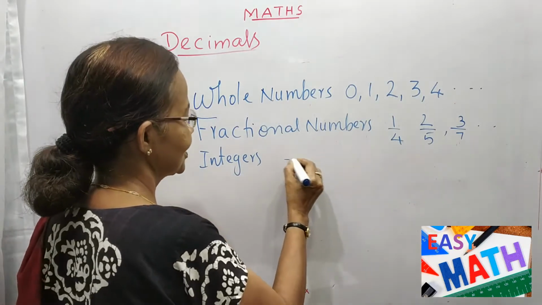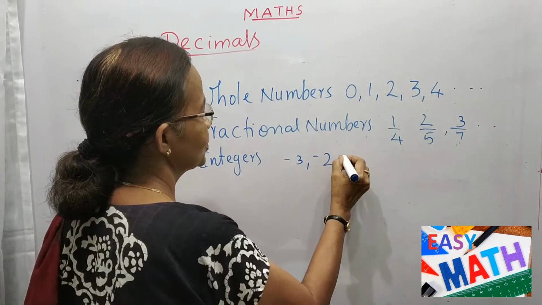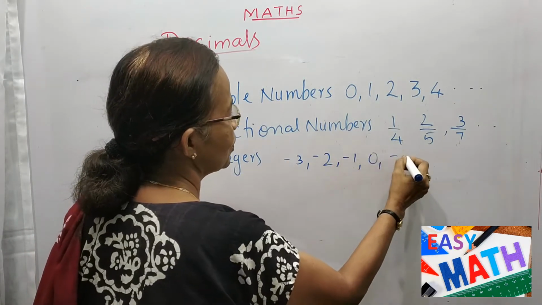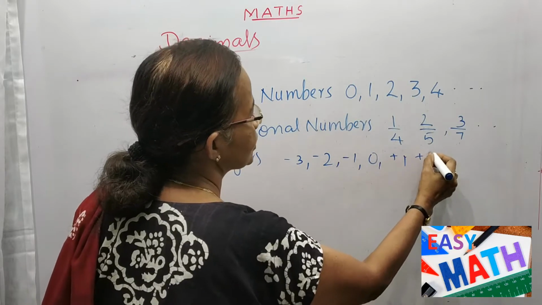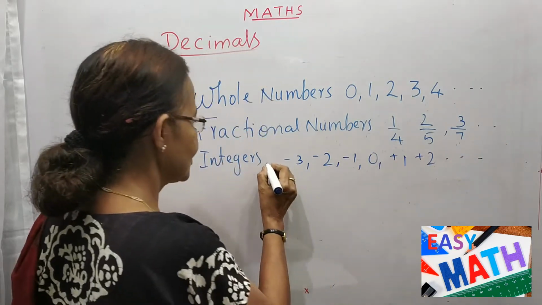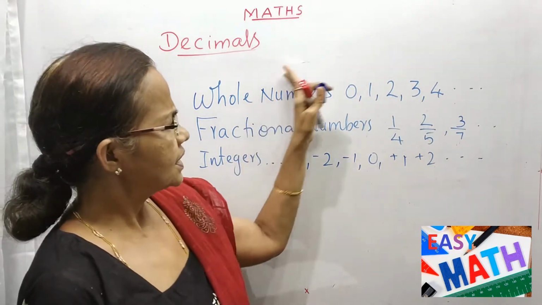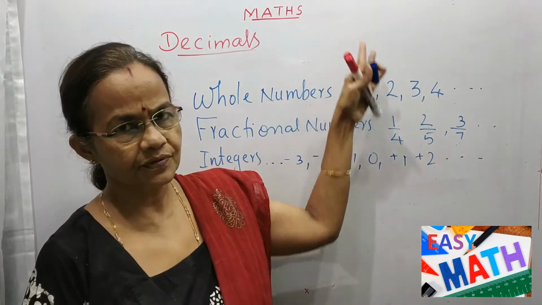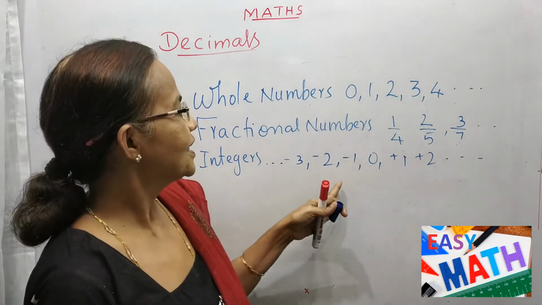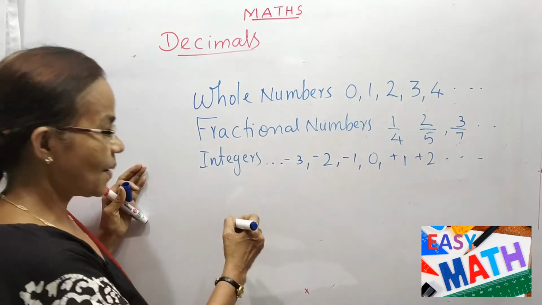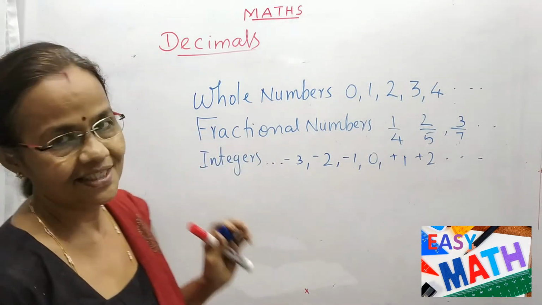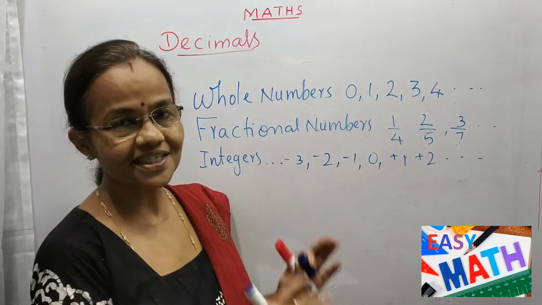Anyway, that is integers: minus 3, minus 2, minus 1, 0, 1, plus 1, plus 2, etc. Apart from this set of numbers, have you ever come across a number with a decimal point? A number with a point?